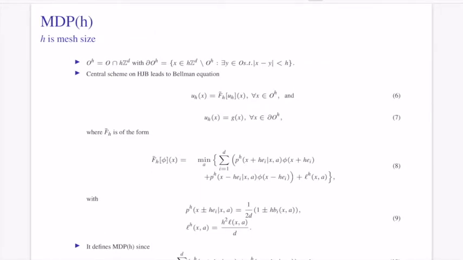Now, Markov chain approximation tells us how to discretize the previous HJB equation and come up with an MDP, which is a Markov decision process. Suppose we have h as the discretization parameter. Then we discretize the domain first, and then use a central finite difference scheme to discretize the HJB equation, which goes to the Bellman equation.